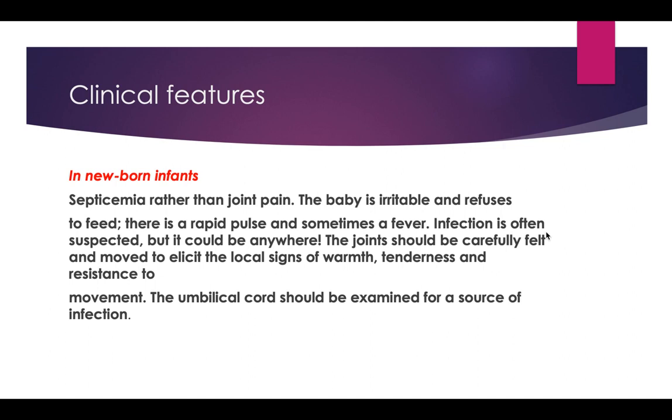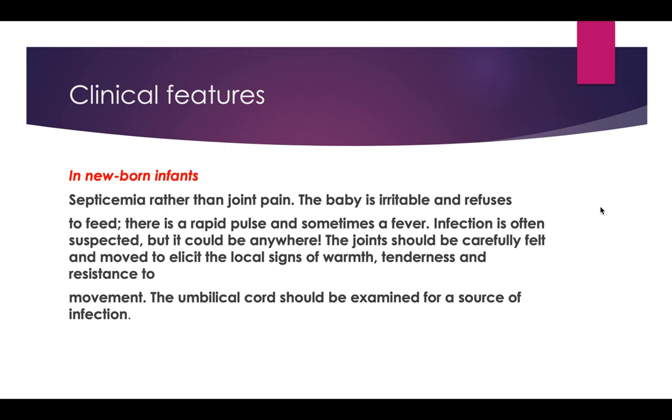Infection is often suspected but it could be anywhere, and this is why you study in pediatrics what is called the screening test, where we are checking culture sensitivity of blood, we take CSF, we take culture sensitivity of stool, we take culture sensitivity of urine, etc. We are screening the infant because usually the clinical feature is not so clear.